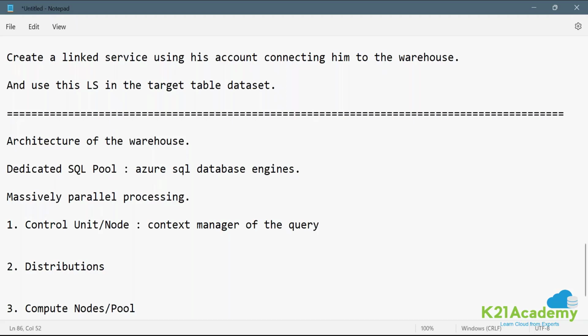Whatever your query is, it looks into your query, parses it, prepares a relational algebra, domain algebra, parse tree, bind tree, and all those things, and essentially tries to fire your query on the compute nodes. But you know that you are doing OLAP, online analytical processing. How can you do it on a single unit?